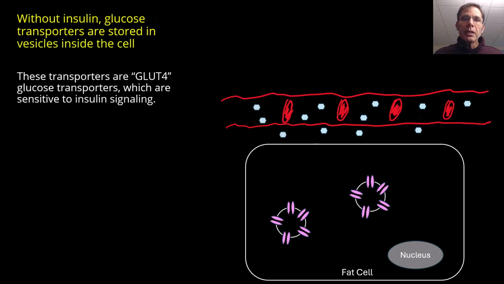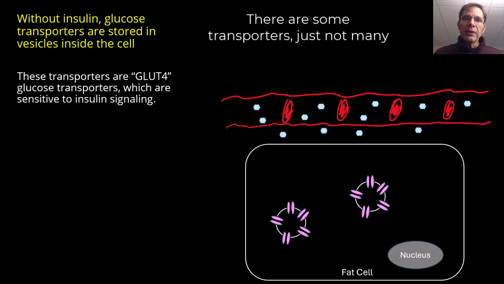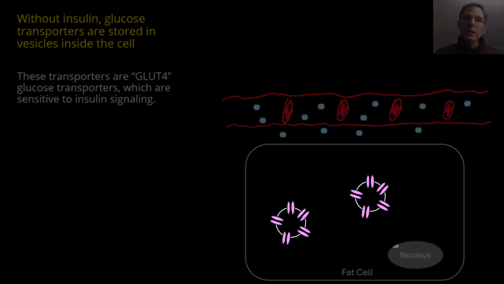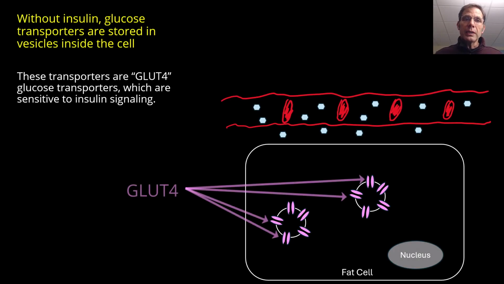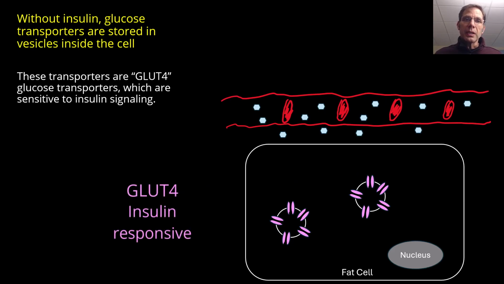Now at rest, there are no glucose transporters in the plasma membrane of this fat cell. The glucose transporters do exist, but they're in vesicles inside the cell. The glucose transporters that are in a fat cell are called GLUT4 transporters, and these are transporters that are responsive to insulin.